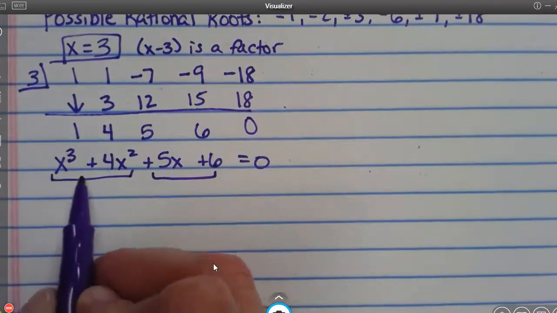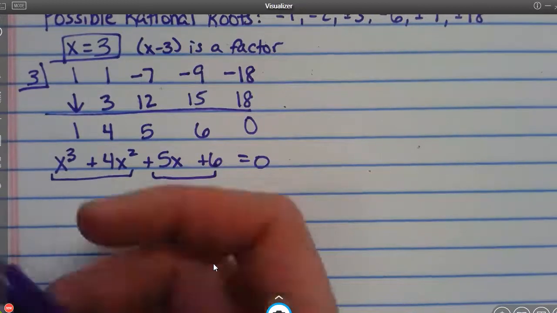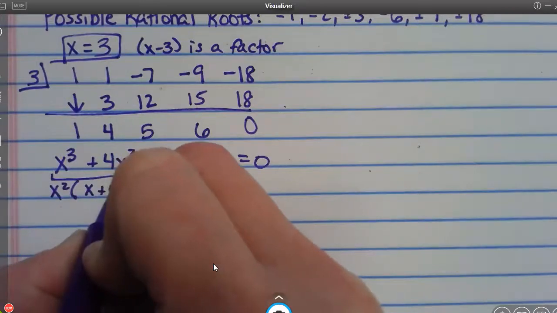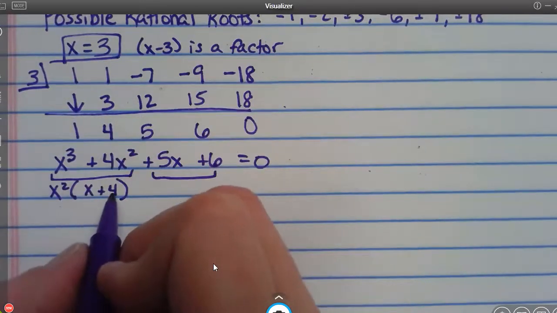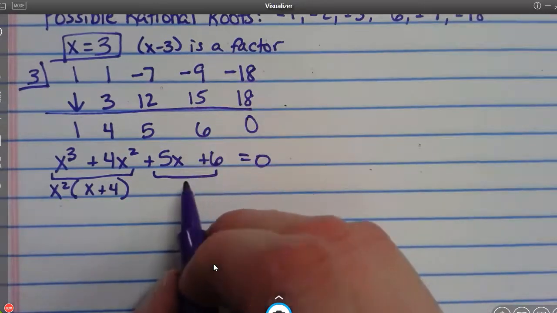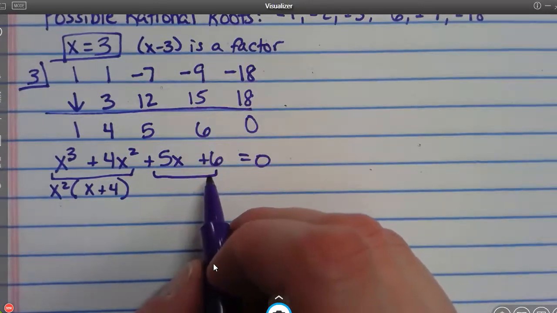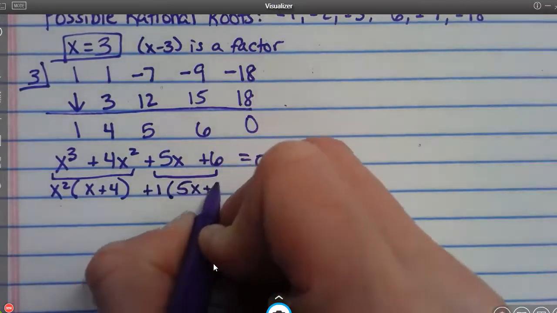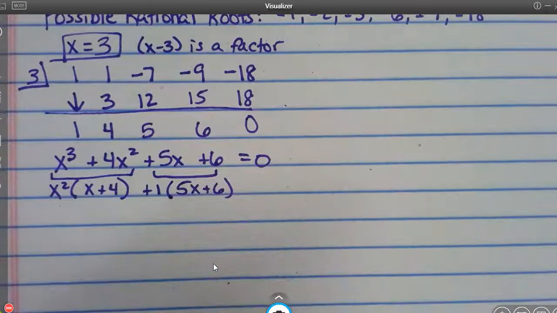X cubed plus 4x squared, the biggest thing I can take out of these 2 terms is x squared. And then I have x plus 4 inside the parentheses. This 5x plus 6, well, the only thing I can take out there is a 1. Why doesn't factoring by grouping work here?